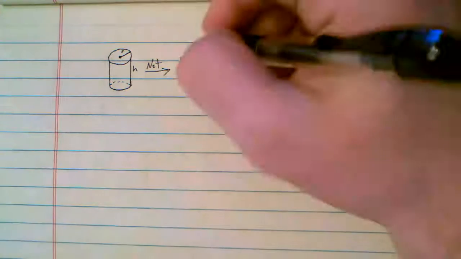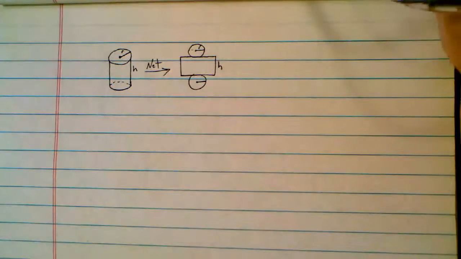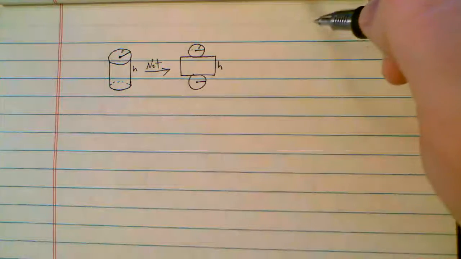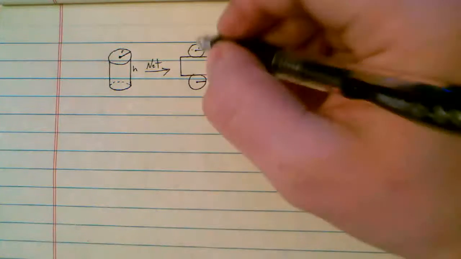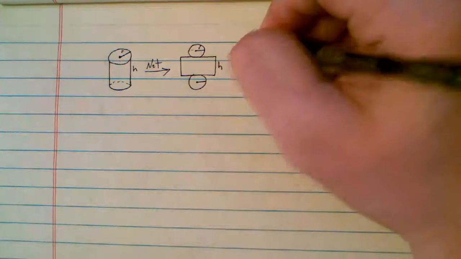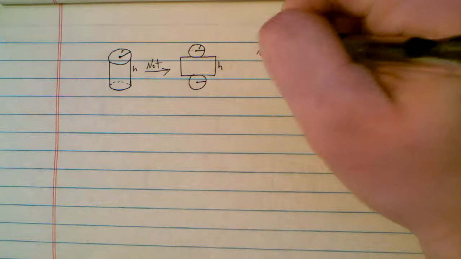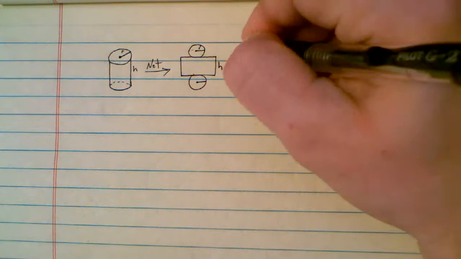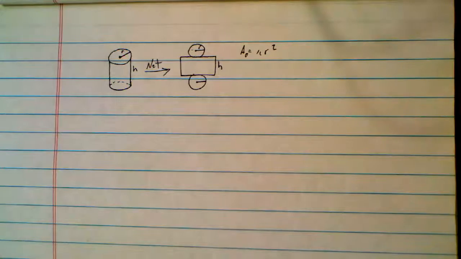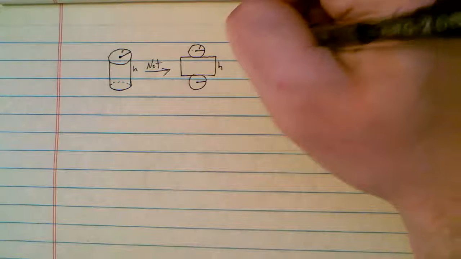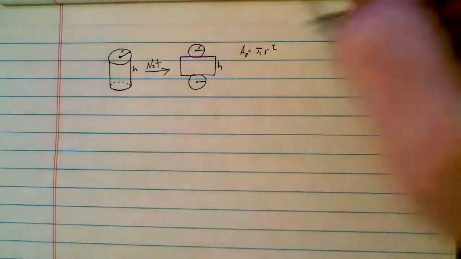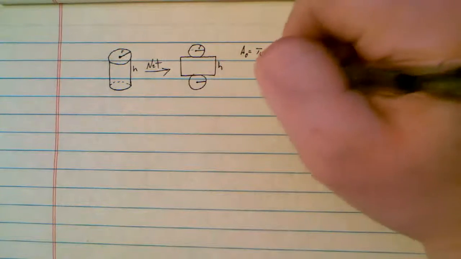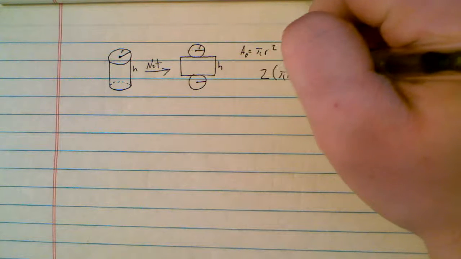Now the nice thing about this is we're just using our area of a circle formula and area of a rectangle formula. So the area, of course, of a circle is pi r squared. And what we can do here is instead of doing pi r squared, we can do 2 times pi r squared.